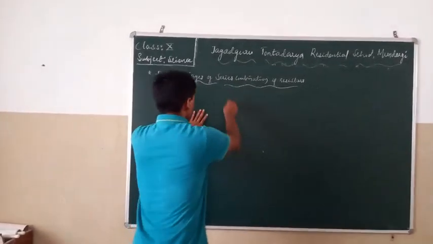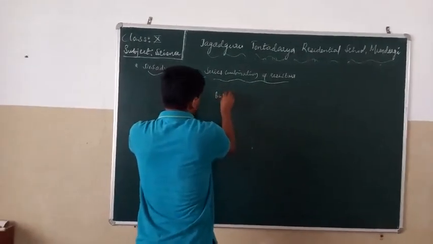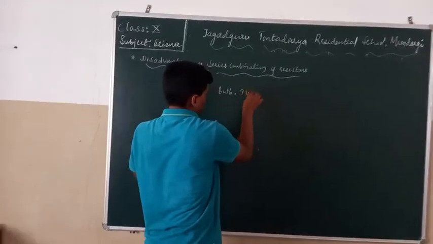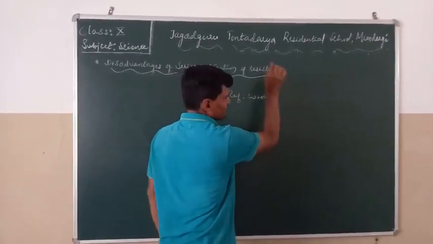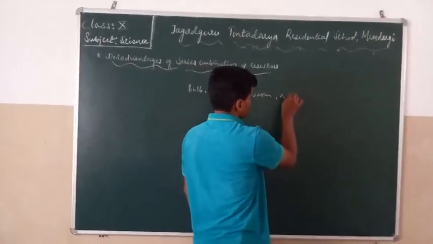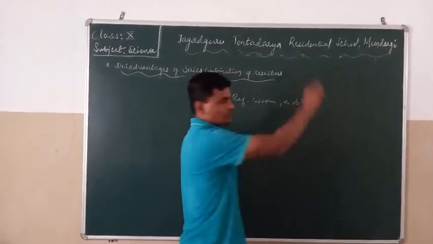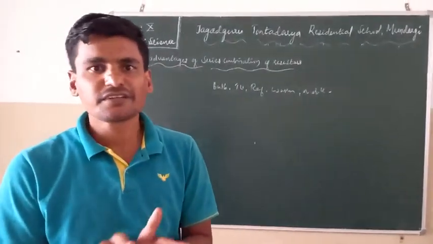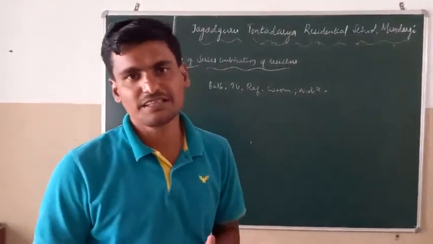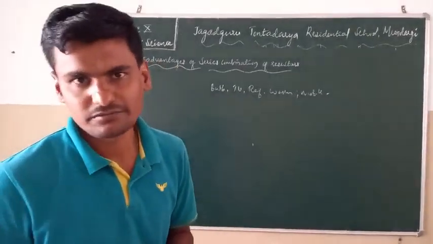Suppose, as I already explained, an electrical bulb, a TV, your refrigerator, your washing machine, your mobile charger, or a toaster, whatever it may be, they require different amounts of electricity for their working.